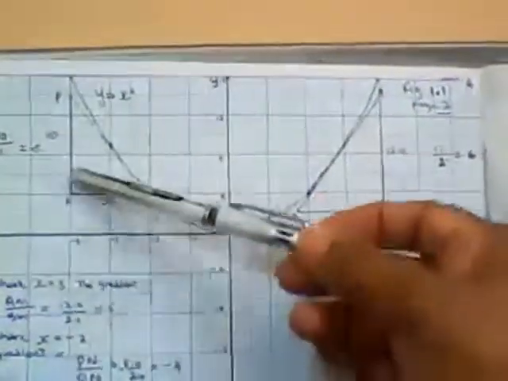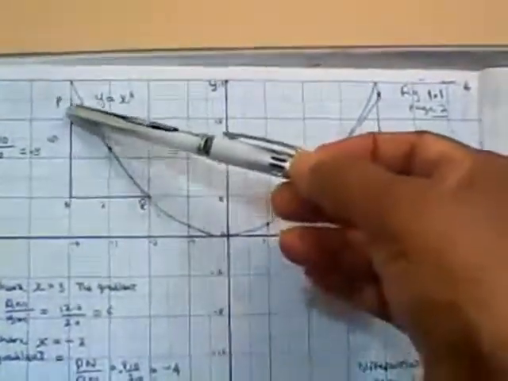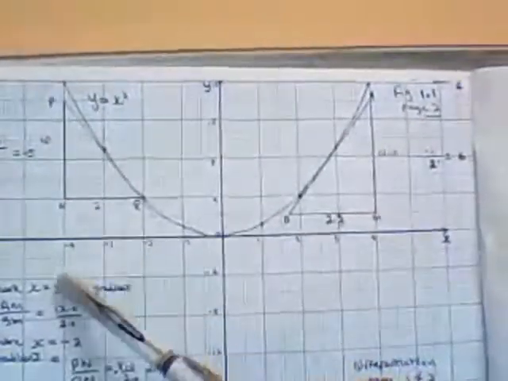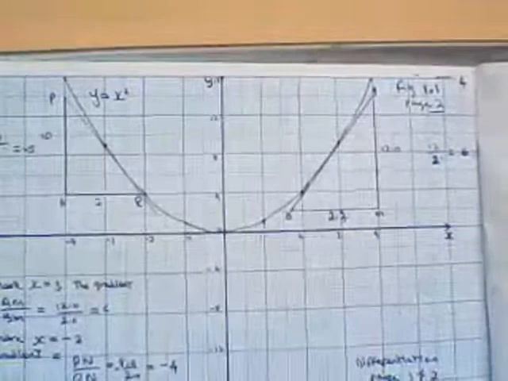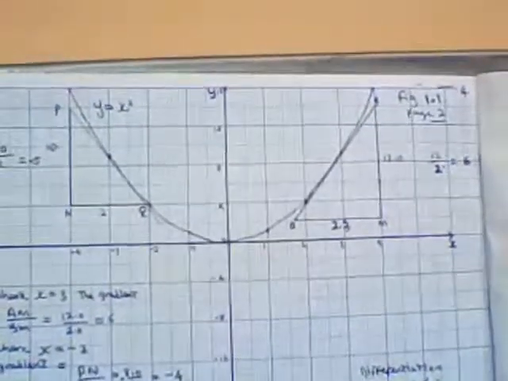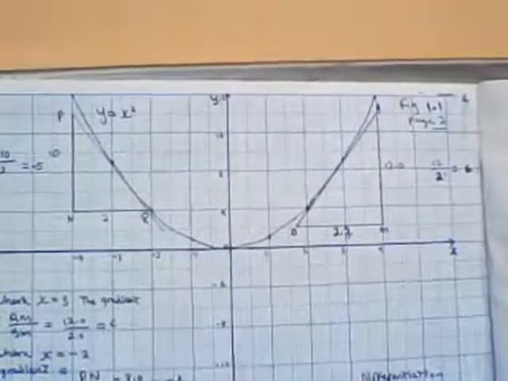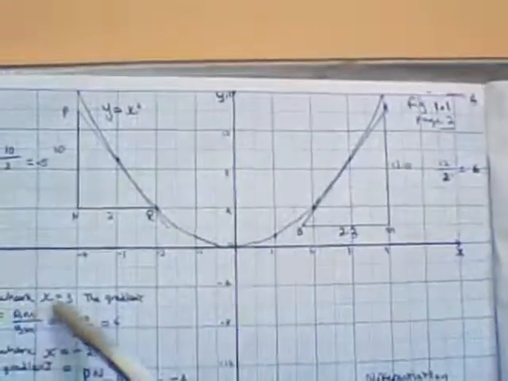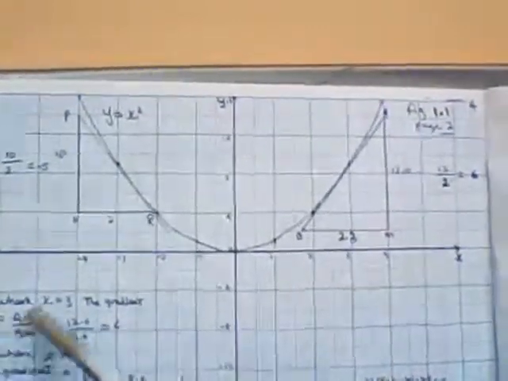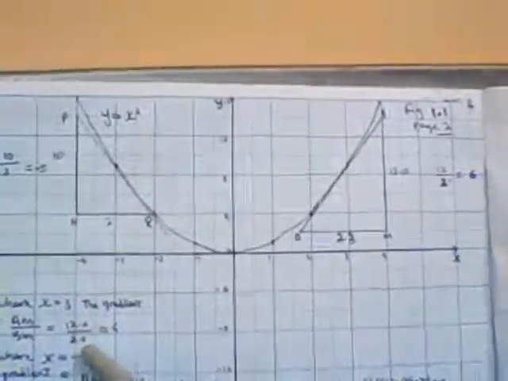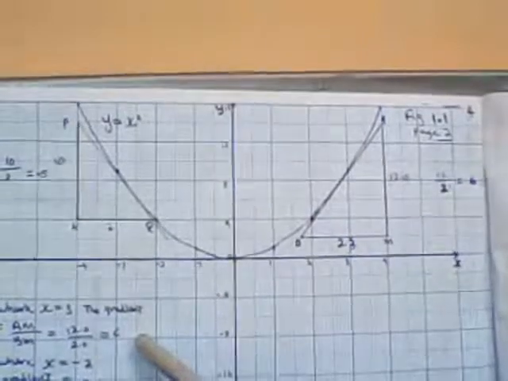Now where x equals 3, the gradient equals am over bm equals 12 over 2.2 equals 6.